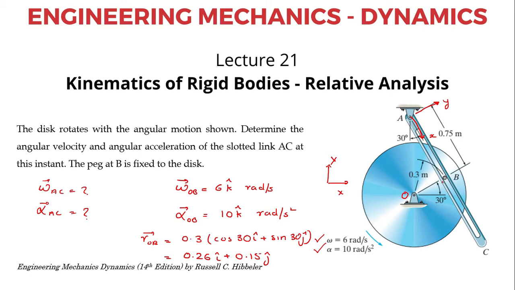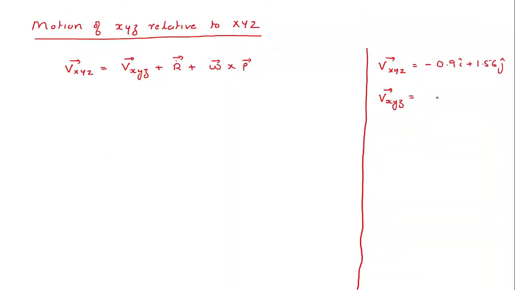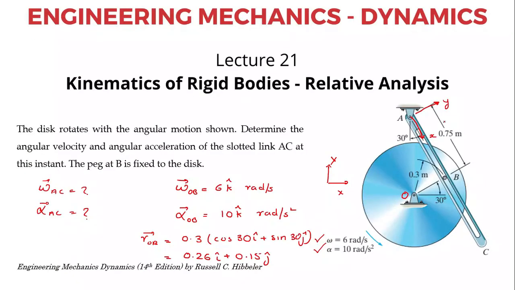Now at this instant of time, when the angle is 30 degrees and the disc is rotating in an anti-clockwise direction, this peg B with respect to the link AC will be moving towards A. So I can write this Vxyz as minus magnitude of Vxyz into i dash cap, where i dash is the corresponding unit vector along the secondary x-axis.